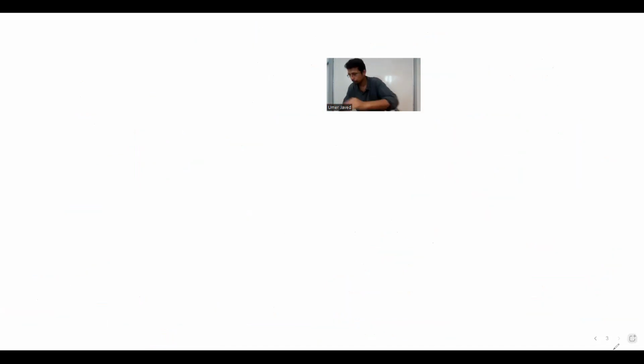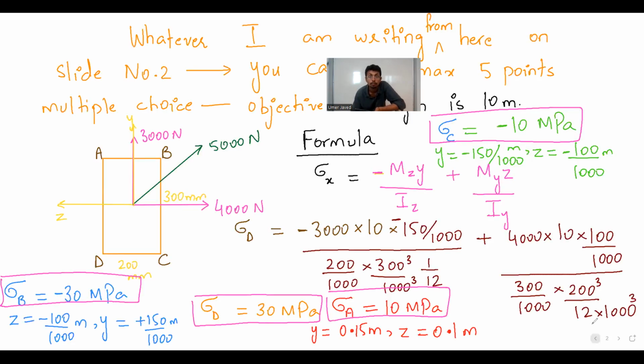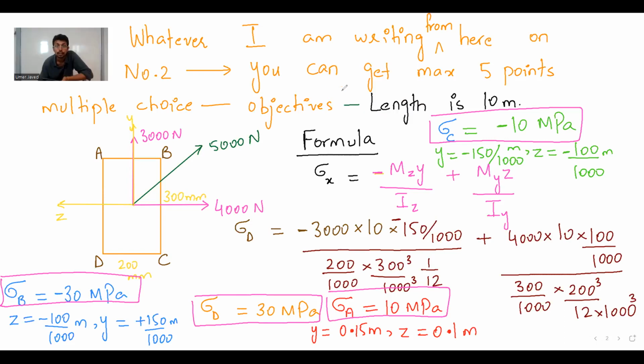So I will just write the formula. Because the force is acting at an angle, the neutral axis is also inclined. The formula for the neutral axis is, that's why I also wrote those lines on the top. Whatever I'm writing from here on, slide number 2 onwards, you can get maximum 5 points multiple choice objectives. That's the reason I wrote it, because this concept is very new for you guys.